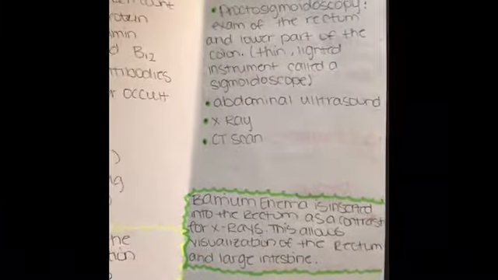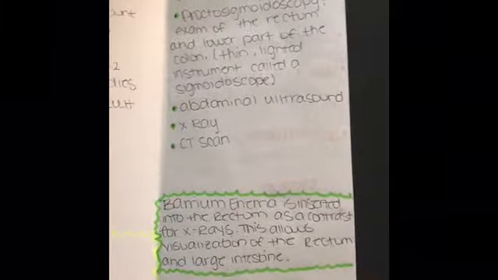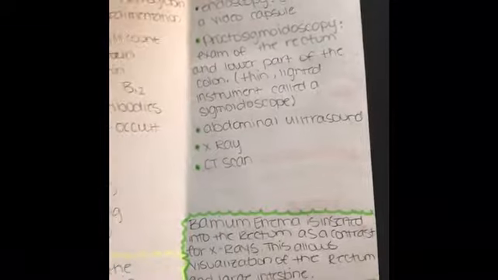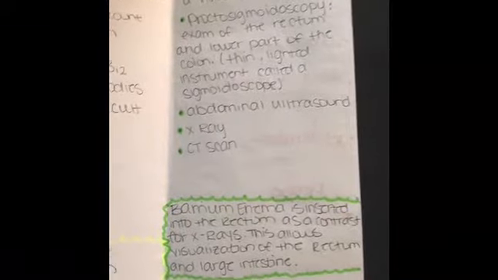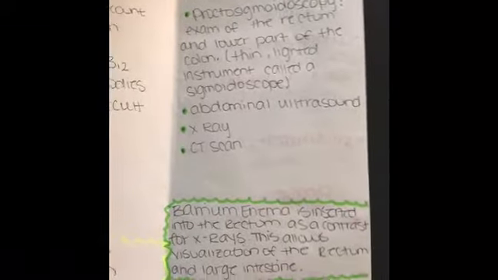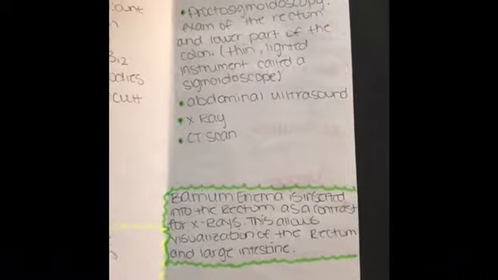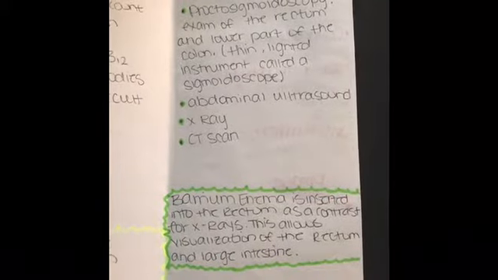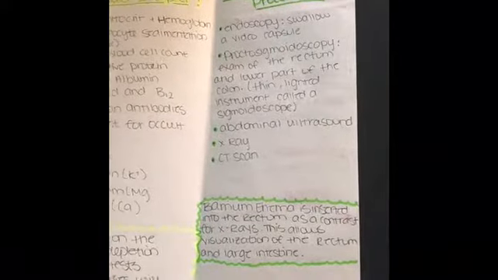It's inserted into the rectum, and then you can visualize what's going on up there. Abdominal ultrasound, x-ray, CT scan, and a barium enema is inserted into the rectum as a contrast for x-rays, and that will allow the visualization of the rectum and large intestine, and the doctor can see if there's certain things going on in the GI tract.